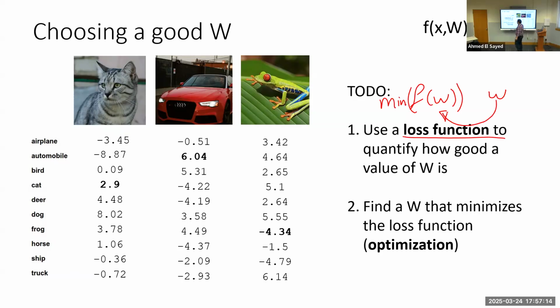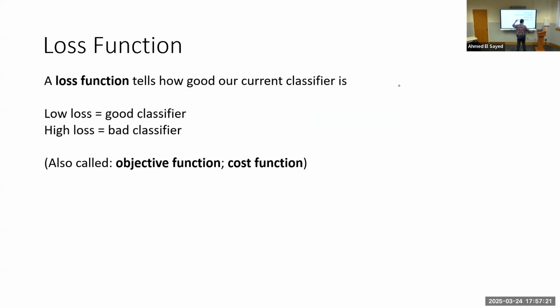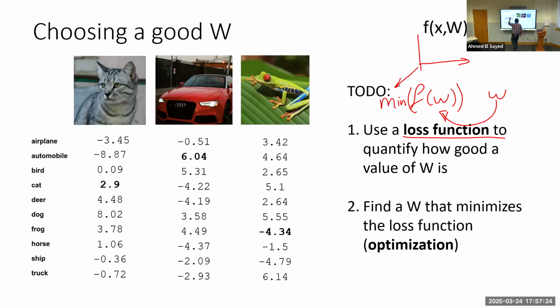Meaning this function must be, if possible, something like this, concave up. If the value here is minimum, I will check the value of W at this minimum, and this will be the best W that can solve this problem for me. And this W will be the optimized solution to the problem.